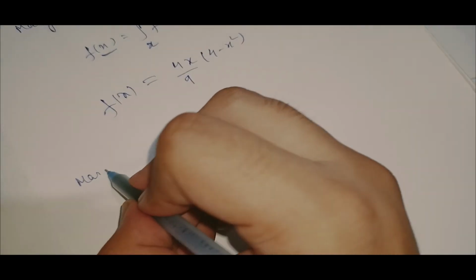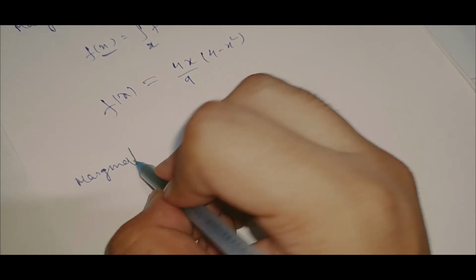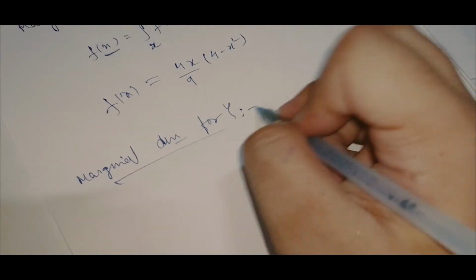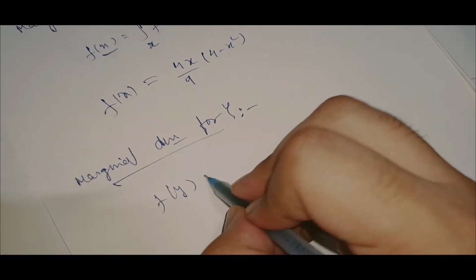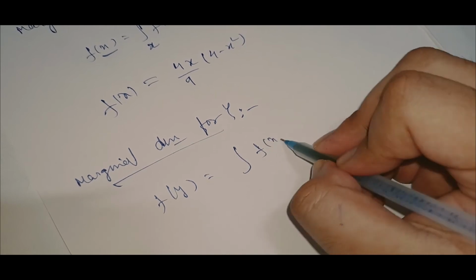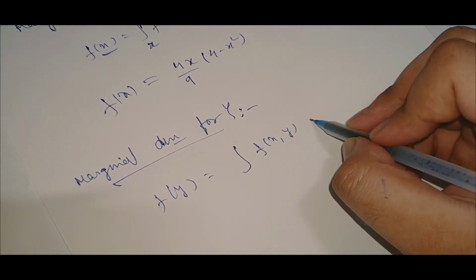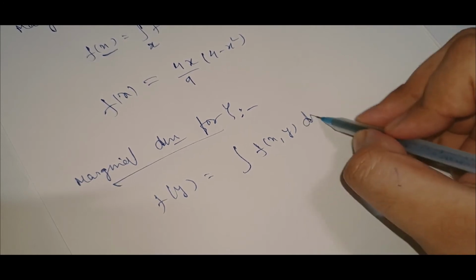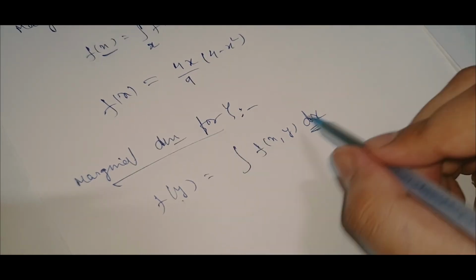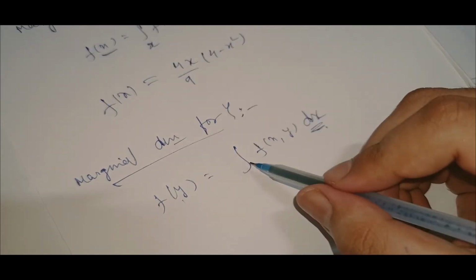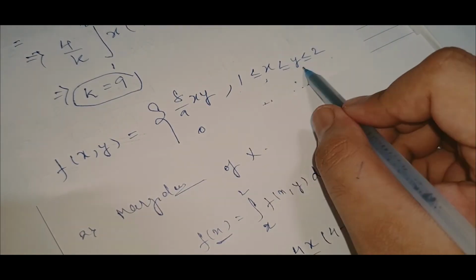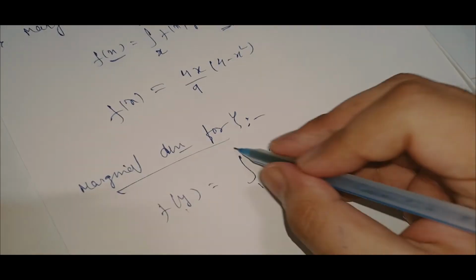Now the marginal density for y is f of y. Here for f(x,y), how would the differentiation limit vary? It would vary for x, dx. If it is y, then here it would be x. So what is the limit here? For x the limit would be 1 to y.